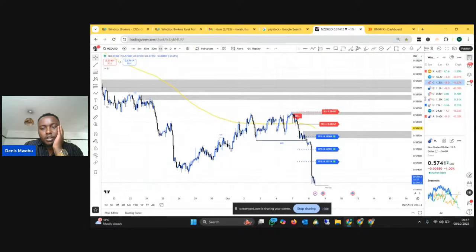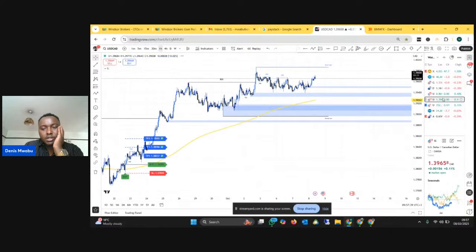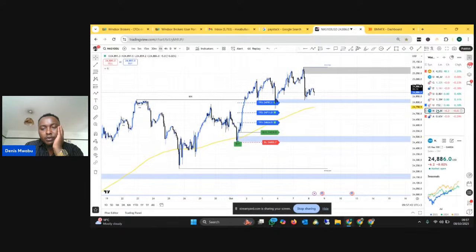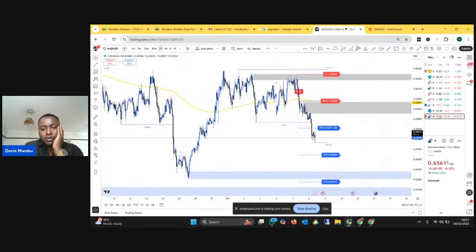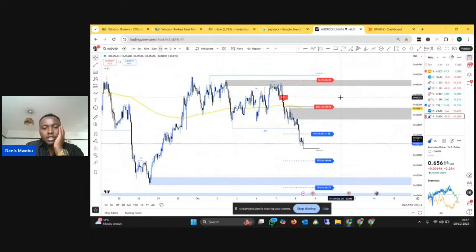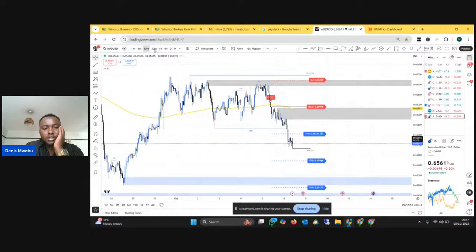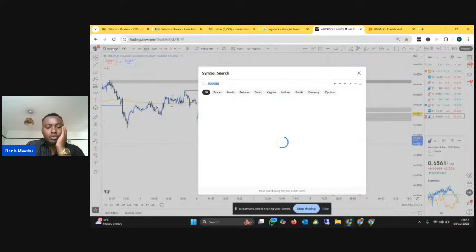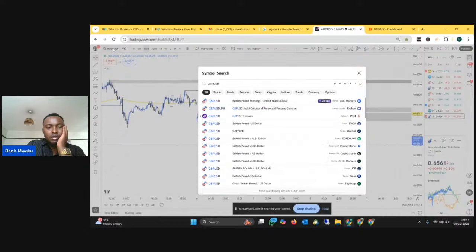And guys, let me check. Like yesterday, we were looking at a sell on GBP USD, on GU. Anytime you are using the BMM, all right, anytime you see something like this, let's go to the lower time frame so that I can show you GBP USD.